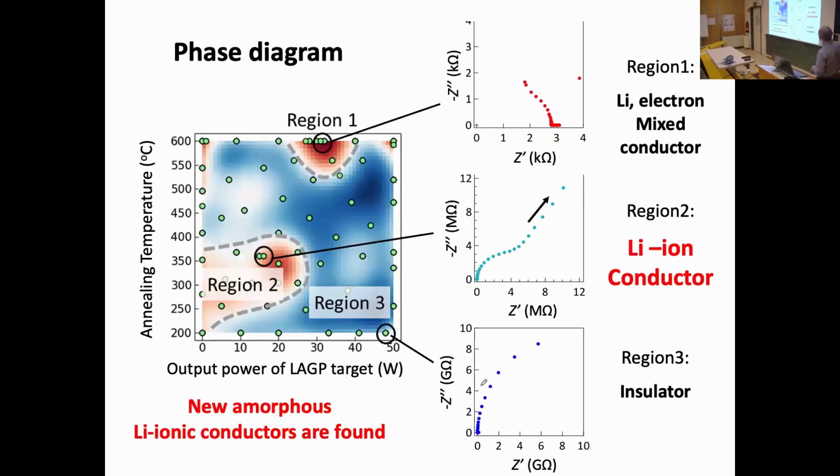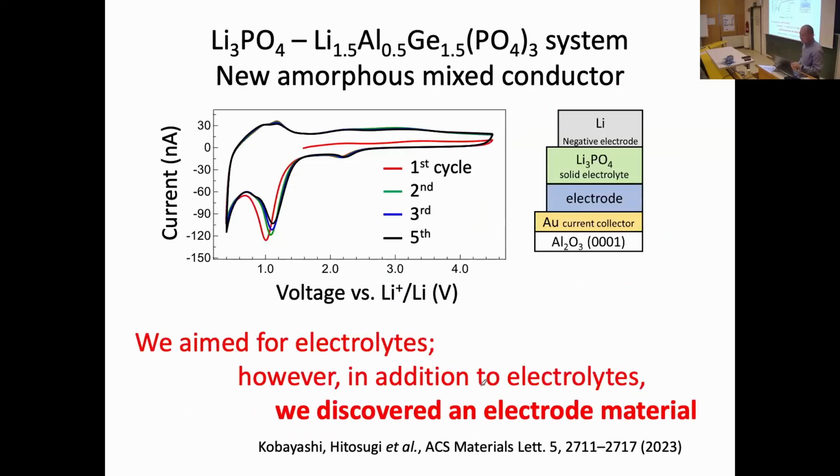In this region, it looks like electrons are also moving, so it's like an electron and ion conductor. This is an electrode material. Actually, we confirmed that this works as an electrode material. We tried to find a lithium phosphate electrolyte, but ended up finding an electrode. So something unexpected can be found using these techniques.